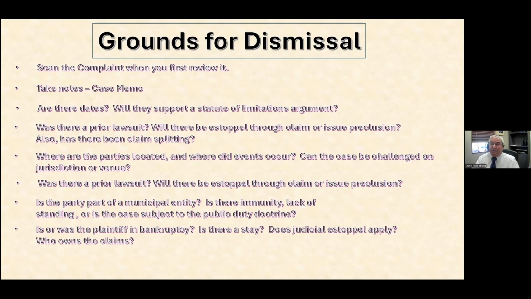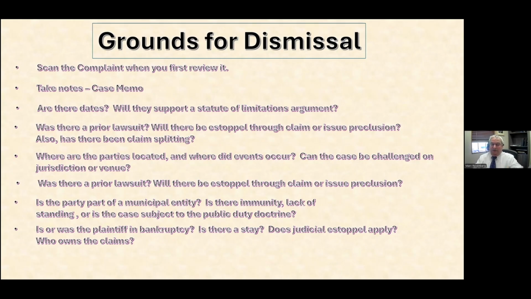But it's not that unusual to have a bankruptcy at issue. One party or more than one party might have had a bankruptcy, and there's some pretty powerful things about bankruptcy. They have something called judicial estoppel, which is a little bit different than the estoppel we were talking about. What that basically means is somebody in the bankruptcy says, I don't own a property.